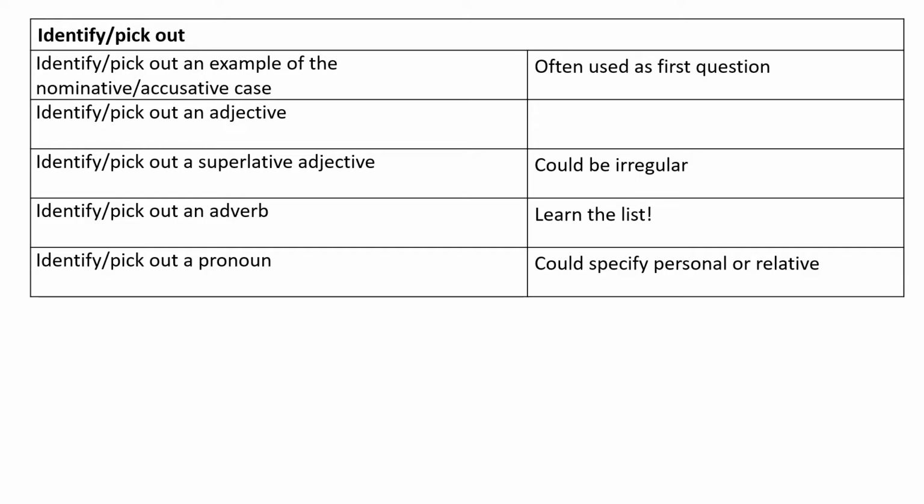Alternatively, the examiner might ask you to pick out an adjective, perhaps a superlative adjective, which of course could be an irregular one, so you need to make sure that you've learned those. Likewise, pick out an adverb or a pronoun. Now with the adverbs, they can be quite tricky to identify if you haven't revised the list of adverbs specifically.